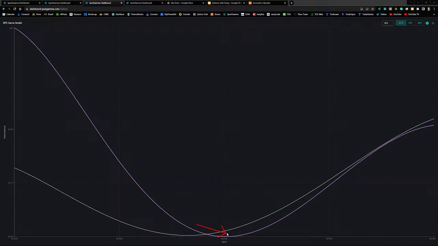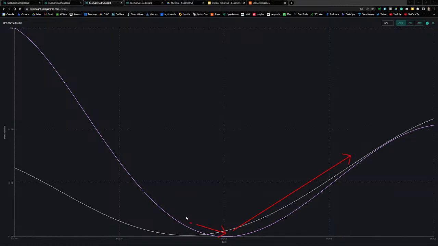So if price continues to increase up to a certain point, there's really no additional Vanna effect, no additional tailwind to price. And if price continues to increase, market makers will have to start selling futures.